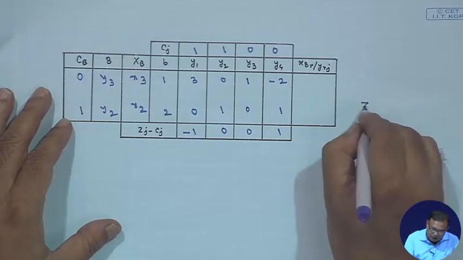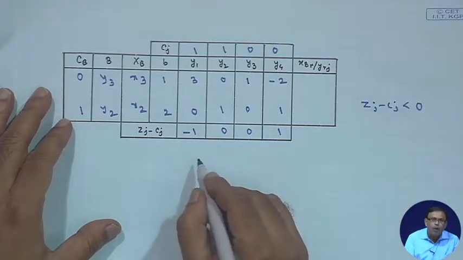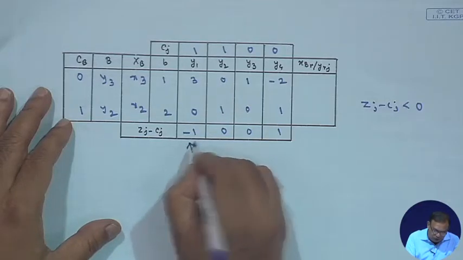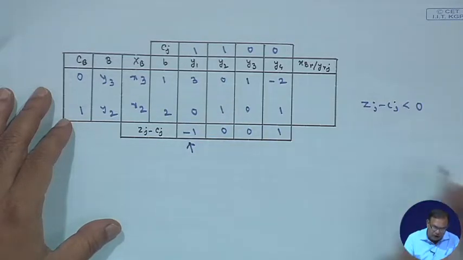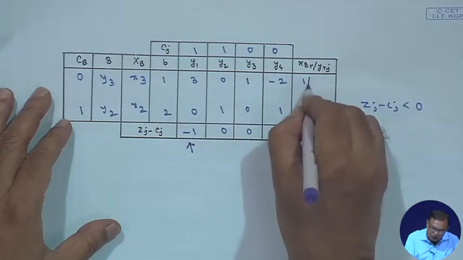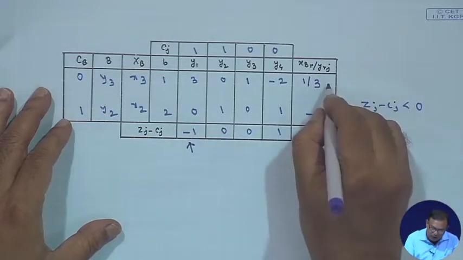Again for this particular case, your zj minus cj is less than 0. I have only one negative value. So, therefore, this one is entering. Calculate the ratio b by y value. Here it is 1/3, this will be infinity, so we cannot consider it.